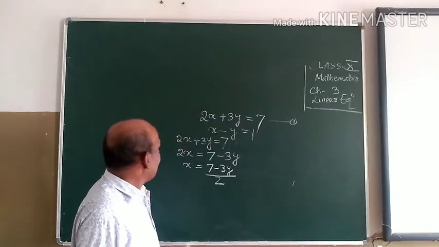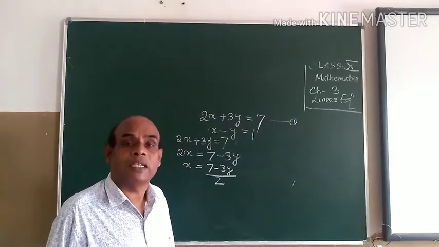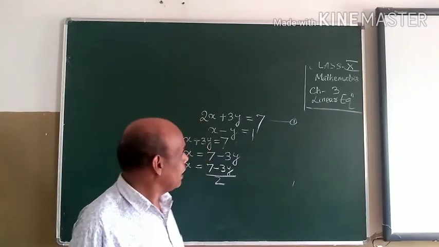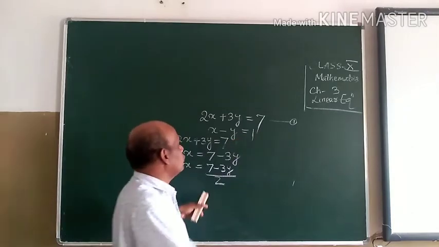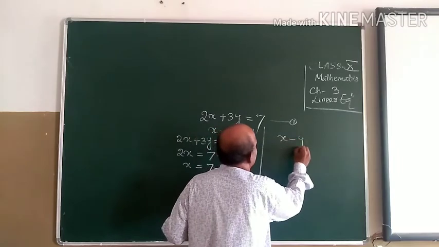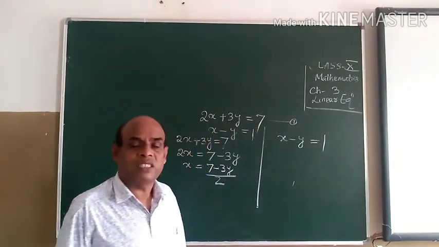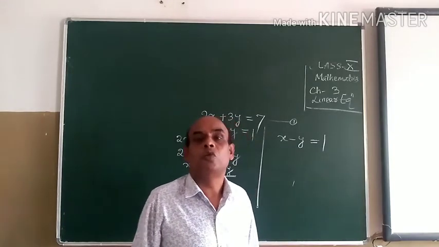So here I found the value of x from the first equation. That value I have to substitute in equation number 2. The second equation is x minus y is equal to 1.